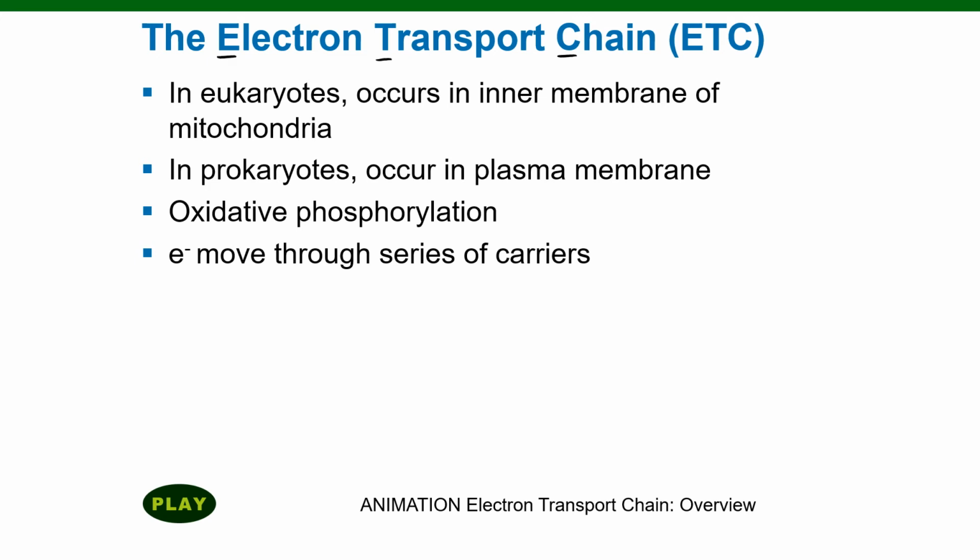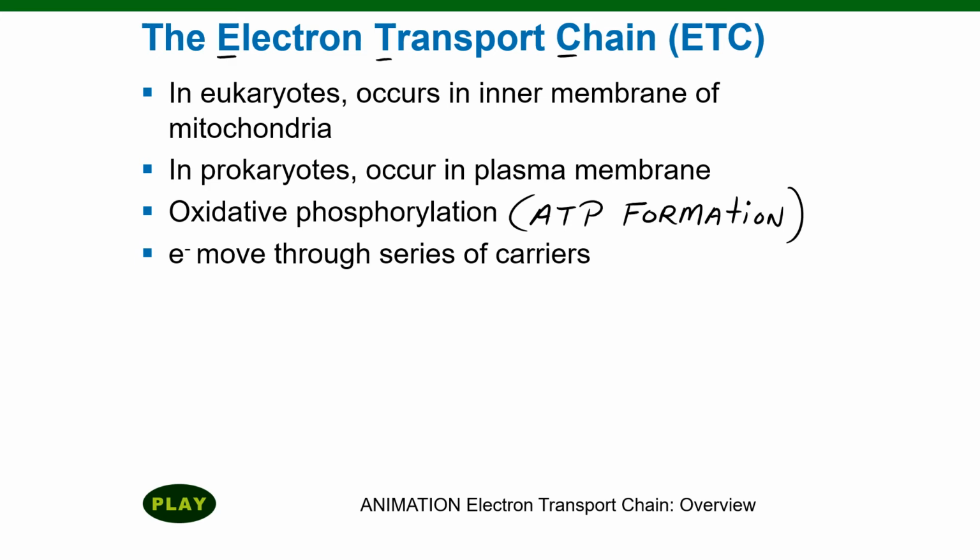ATP is formed through a process referred to as oxidative phosphorylation. And this oxidative phosphorylation will be carried out by an enzymatic complex called ATP synthase. And preceding this event, electrons will move through a series of electron-carrying complexes.